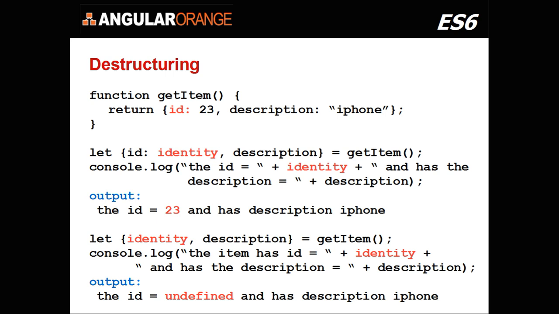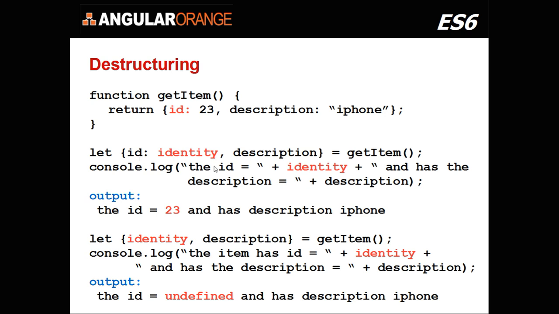Okay, so suppose you had a getItem and you had an ID of 23 and a description equal to iPhone. Well, you can get the item and you could say, well, I want to get the ID, but I want to call it identity. So you can alias the variable in the object.